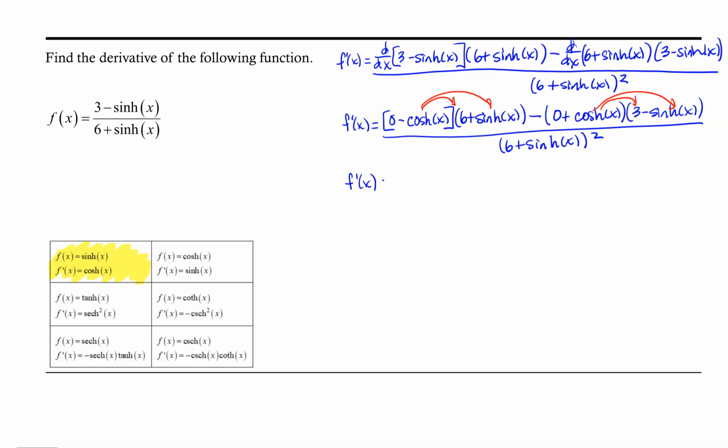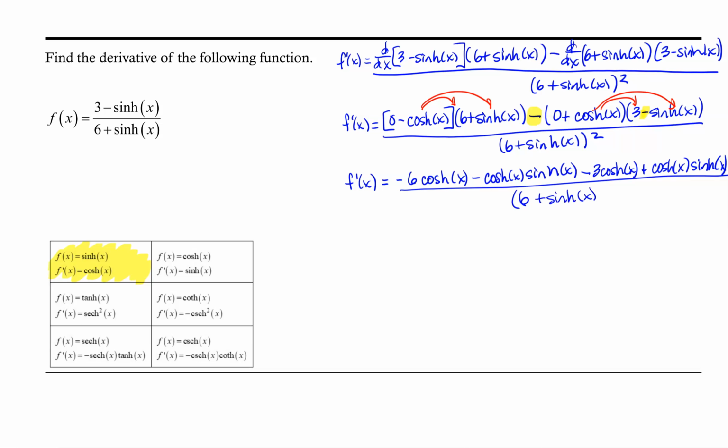So f prime of x equals negative 6 cosh of x minus cosh of x sinh of x minus, and we need to keep track of this minus here, so minus cosh times 3, so minus 3 cosh of x, and then minus cosh times minus sinh, so that's actually going to be positive, so plus cosh of x sinh of x, all over the denominator squared, so 6 plus sinh of x squared.